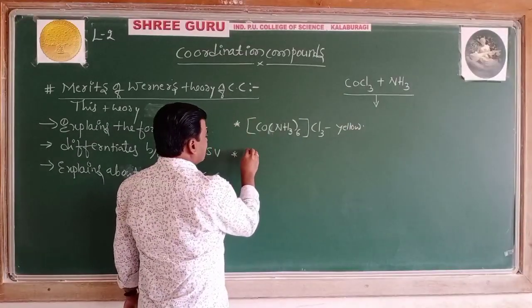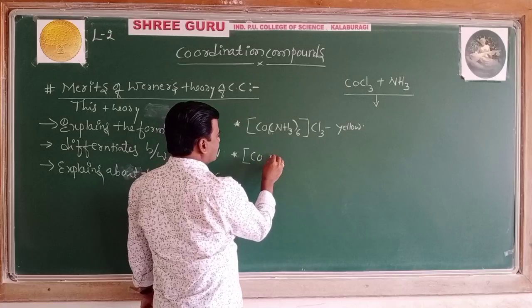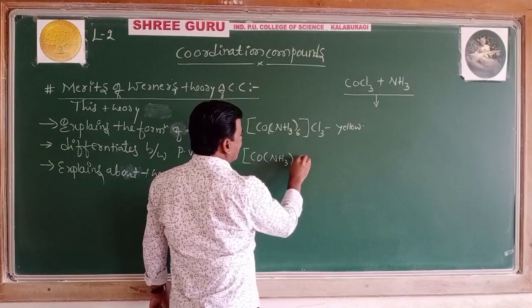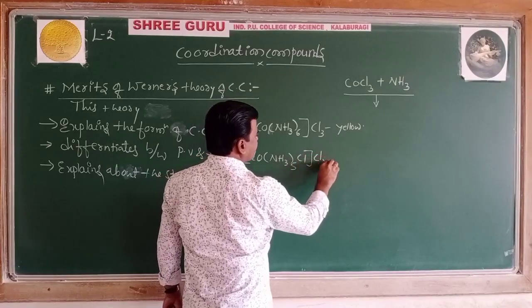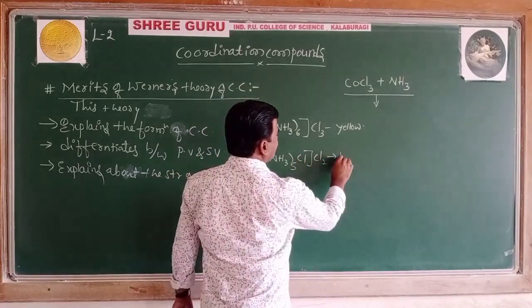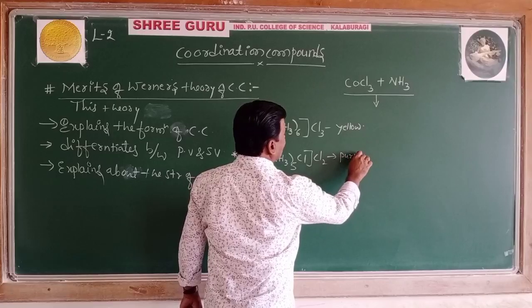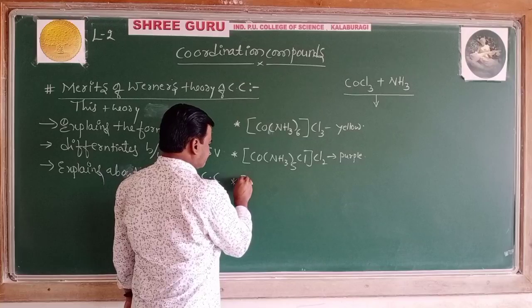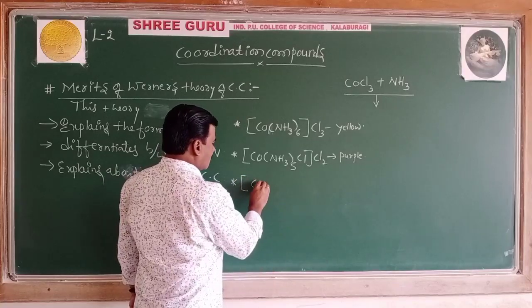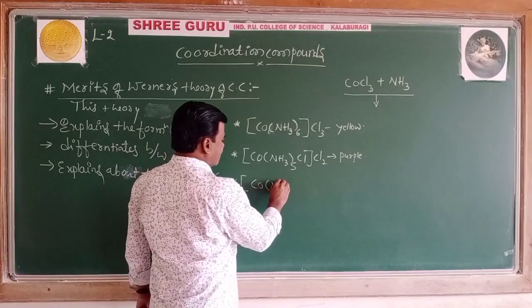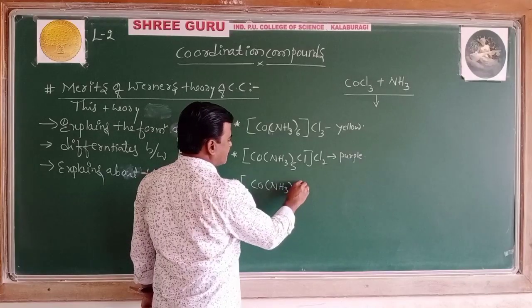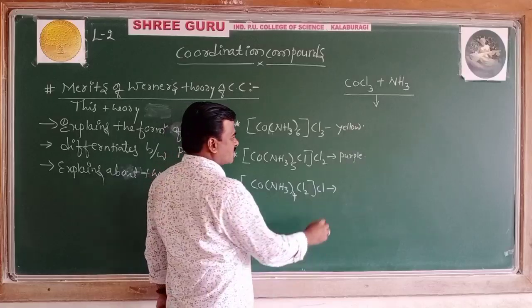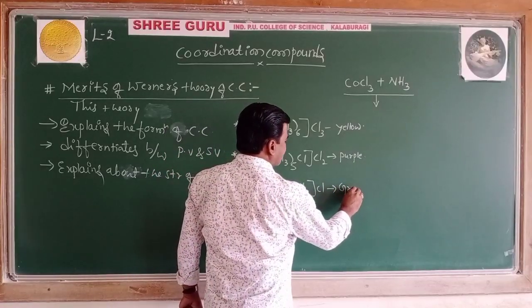Further, the second compound, Co(NH3)5 Cl2. This was purple in color. Third, Co(NH3)4 Cl2 Cl, which was found to be green in coloration.